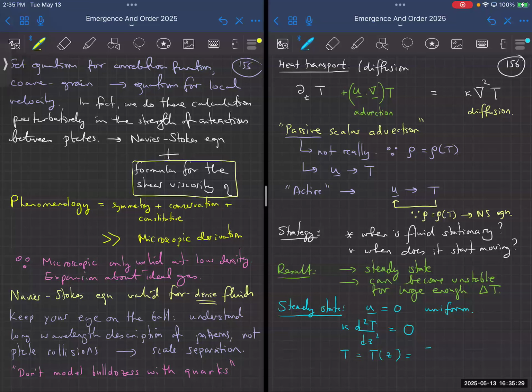T naught. Nope, I'll call it TL. Minus z over d times delta T. So delta T is the, I wonder why I got a minus sign there.